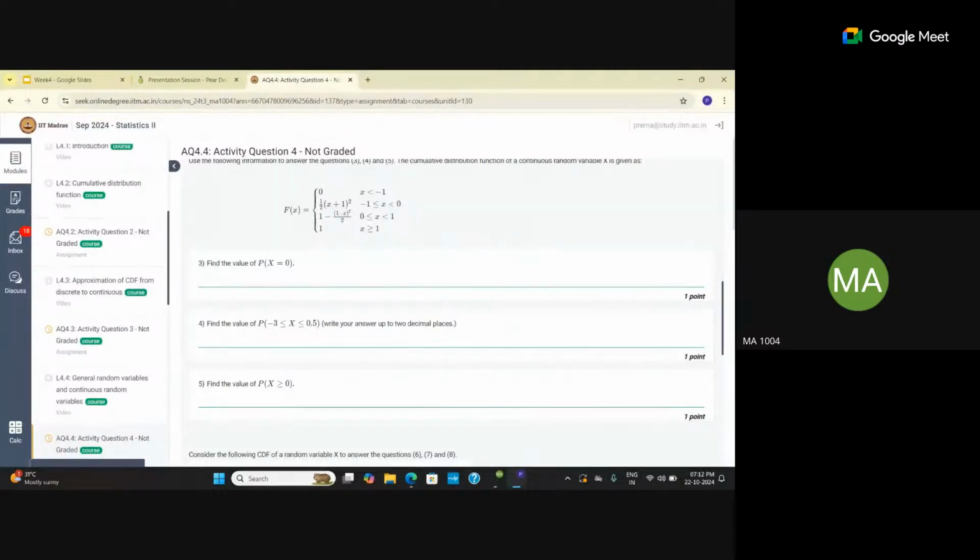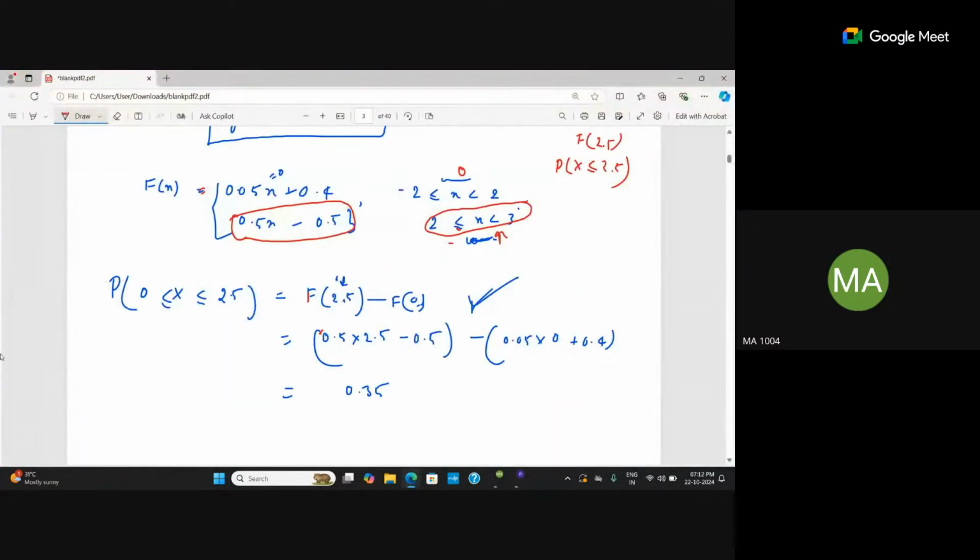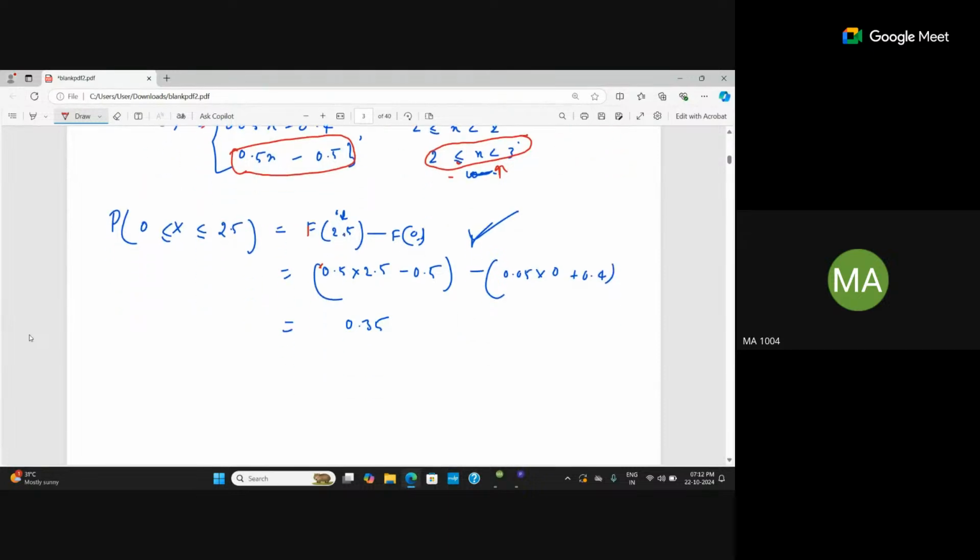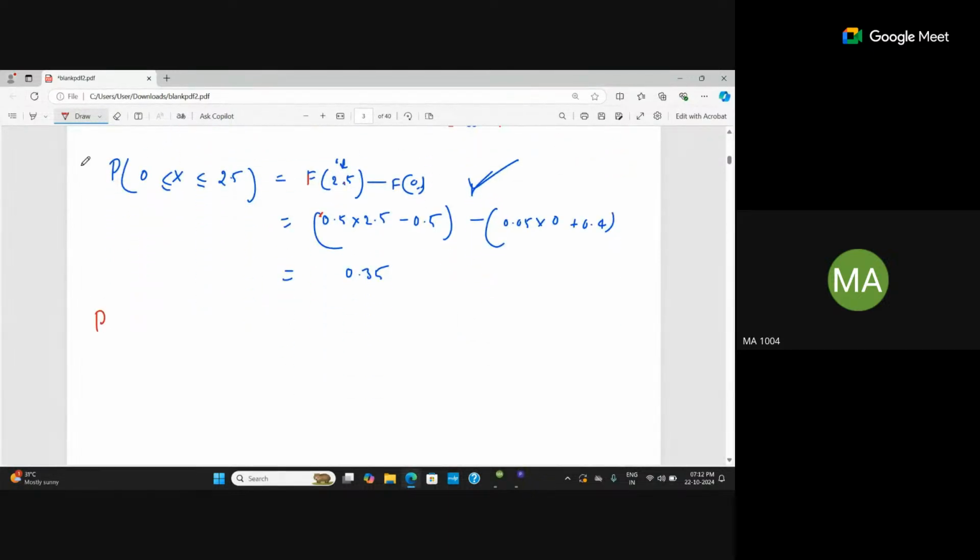So it is -3 to 0.5, and you can write it as CDF at point 0.5 minus CDF at point -3. Now you have to find the CDF at point 0.5 and at point -3, which is given in the question.